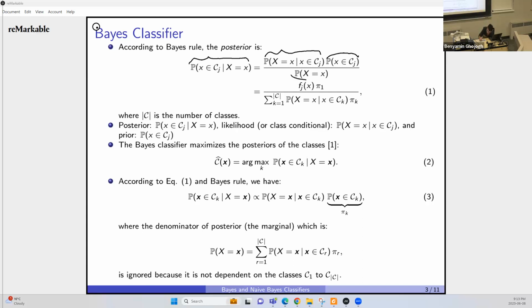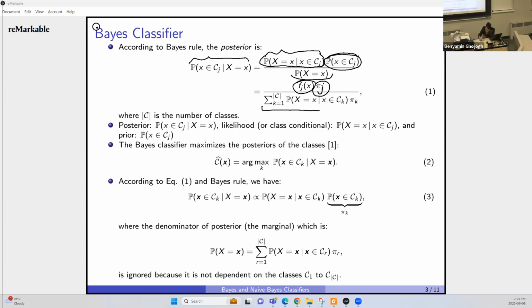And this is the probability of X, right? Okay, I can name it. I can name this to be f_j(x). Also name this to be pi_j, so the prior of the Jth class.